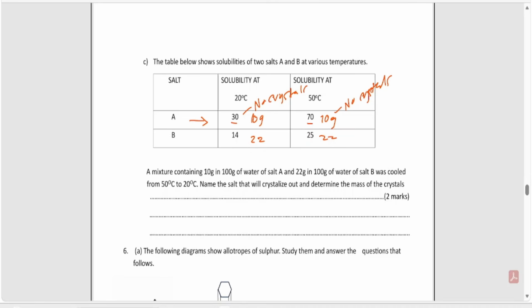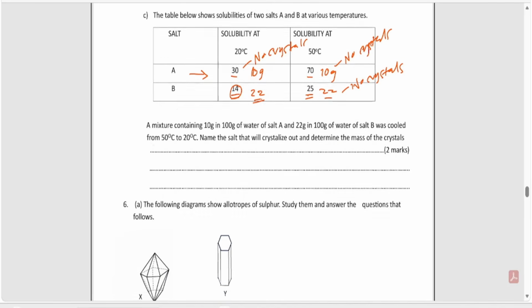Salt B, solubility at 50 is 25 and I only have 22, meaning my 22 is already in solution, no crystals. Then at 20, solubility is 14 and I have 22, meaning I have 8 grams of this salt crystallizing out, because solubility is 14 and I have 22 grams of the salt.